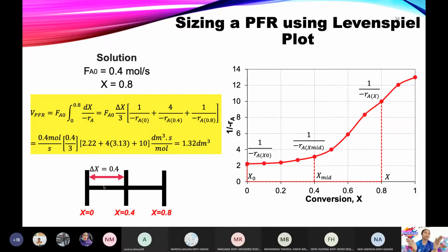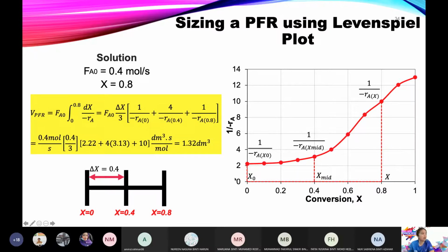So regardless, you calculate delta X at the front or delta X at the back, the gap is still the same, which is 0.4. You divide by 3. The formula says you have to divide by 3. However, in that bracket, that 3 point ni, you have to be very careful. Why? Because first, it's 1 per minus RA when my X is 0.